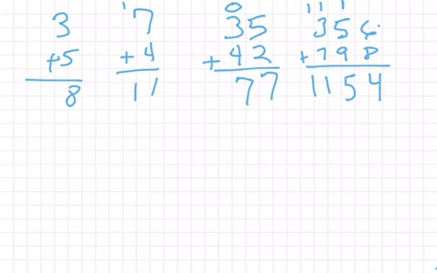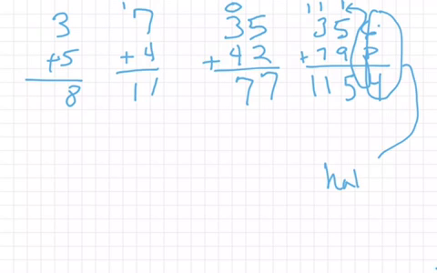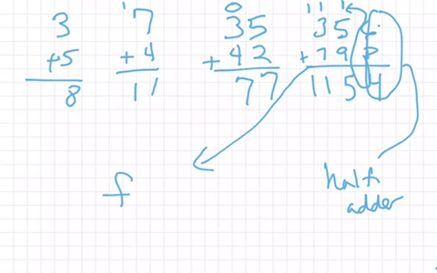So I could take 2 numbers and add them together, and this is what we refer to as a half adder. Or I could be doing the 3 numbers together, which we refer to as a full adder. So those are the 2 things we have.